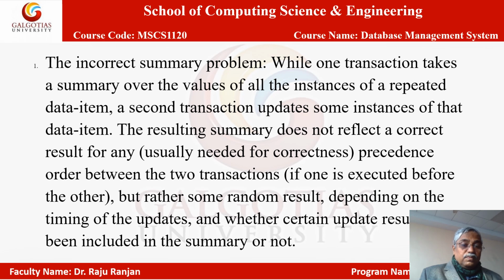So usually when two transactions are taking place, then there should be some precedence order between them: which transaction will appear first and which transaction will appear second. So it did not take into account the precedence order between the two transactions, but rather some random result depending upon the timing of updates and whether certain update results have been included in the summary or not.